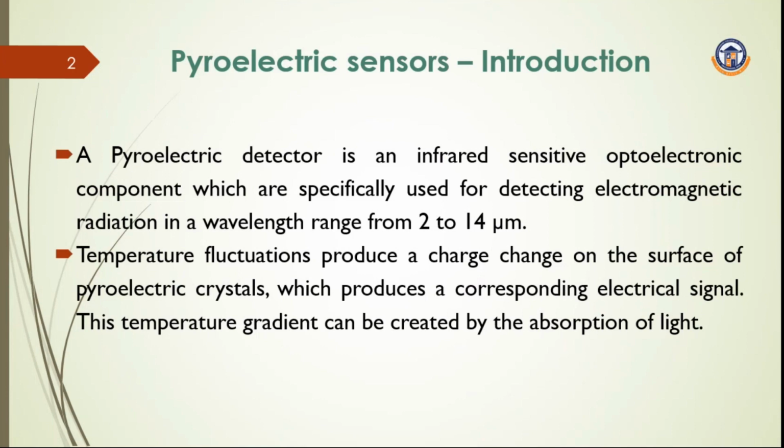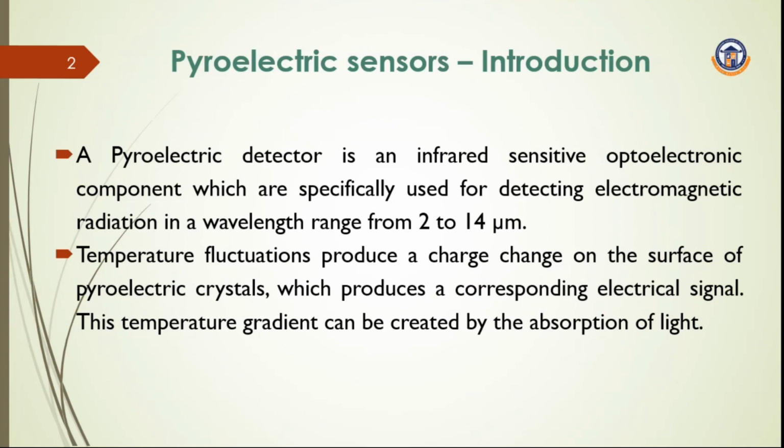So the basic principle of pyroelectric sensors is nothing but the pyroelectric effect. This sensor is an IR sensitive optoelectronic component, specifically designed for electromagnetic radiation wavelength of 2 to 14 micrometer. Any temperature fluctuations can produce charge change on the surface of the crystals present in the pyroelectric sensor.